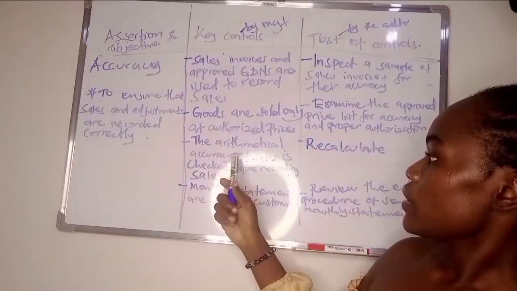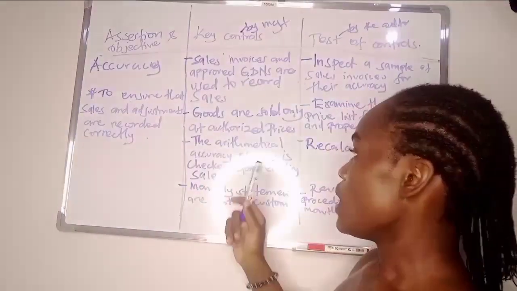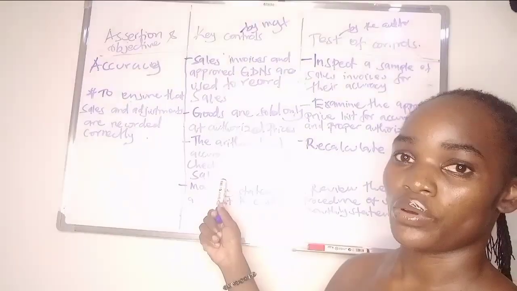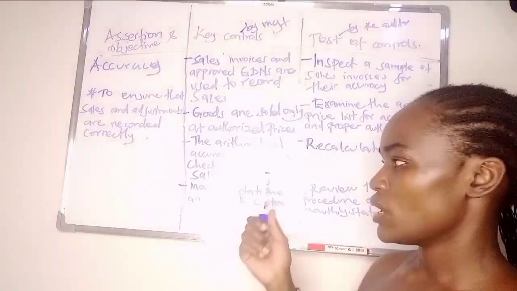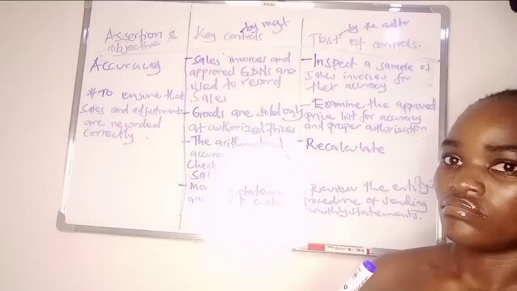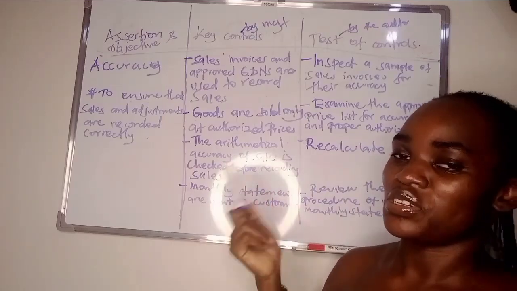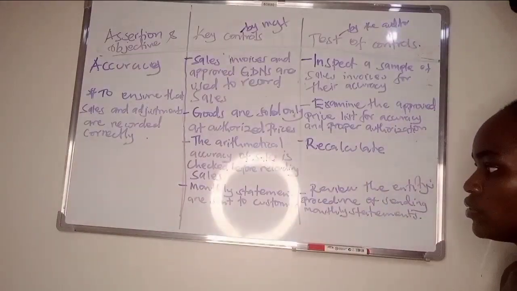And how can the auditor test this kind of control? The auditor is just supposed to recalculate, to see if everything that was recorded is correct. That's the test of control for that.